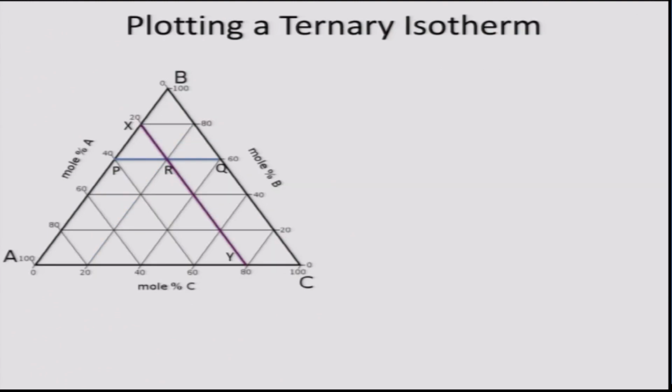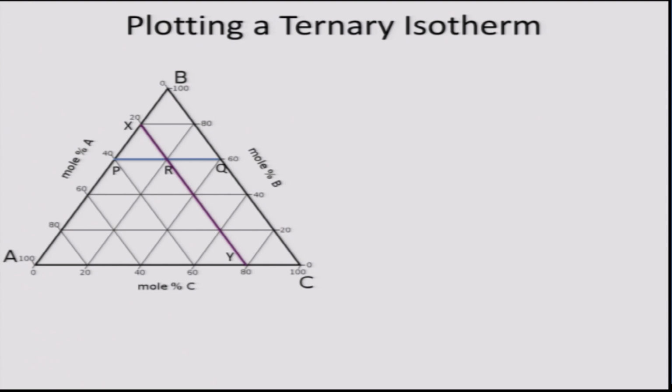So, I have shown it on this triangle here ABC, and I have shown the divisions for 20 mole percent here. As I said, unit can be mole percent or weight percent. One has to be consistent throughout the phase diagram.